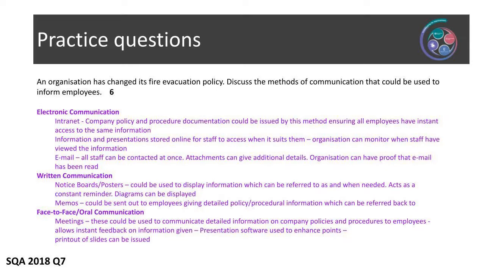Now, up to 5 marks could be awarded for describing any one method, but you'd be looking at having 4 or 5 really clear, valid descriptions, and then developing those points to give yourself your additional development point.